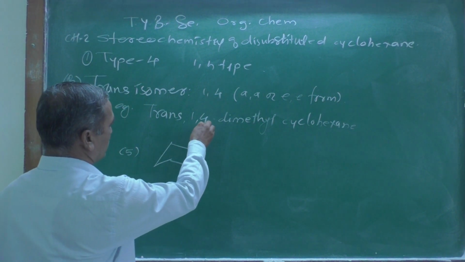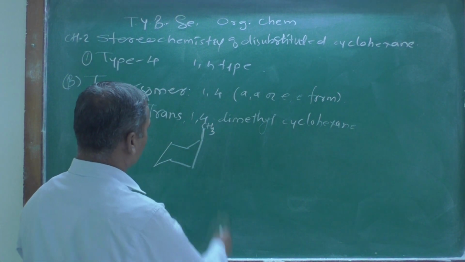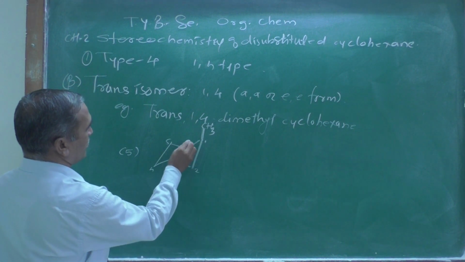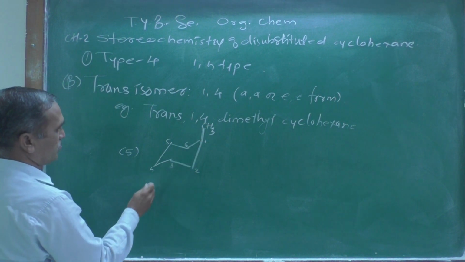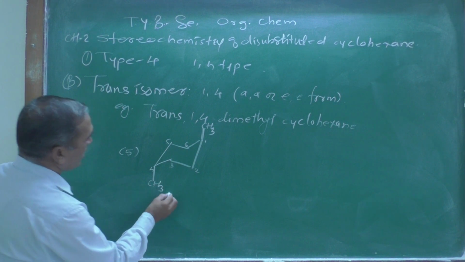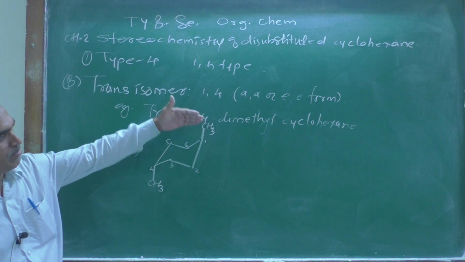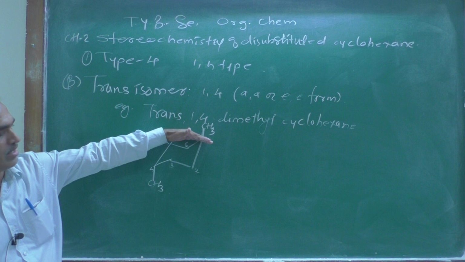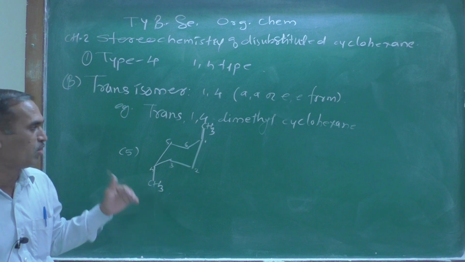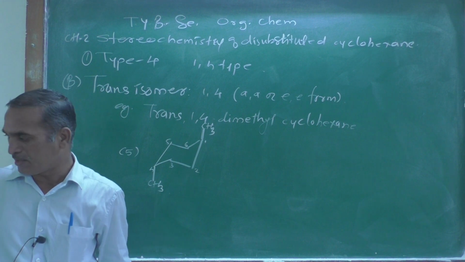Suppose I put one of the methyl groups at an axial position. Numbering is the same, 1, 2, 3, 4, 5 and 6. I put another methyl group at the 4 position. Observe this structure carefully. One methyl group is above the plane and the other substituent is below the plane, and therefore this conformation is known as a trans conformation.